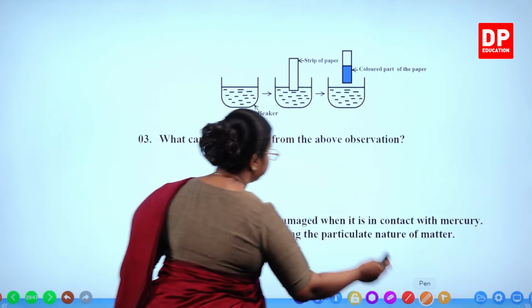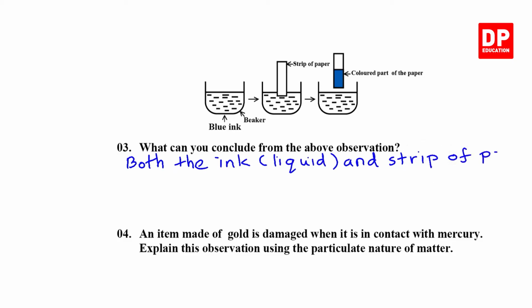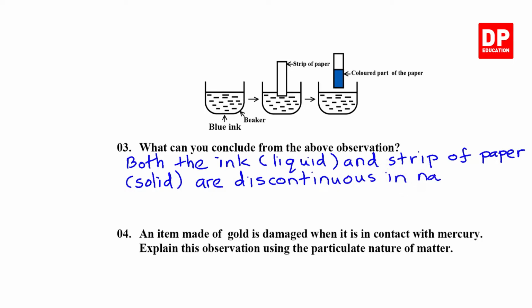So we can say both the ink, that is a liquid, and the strip of paper, that is a solid, are discontinuous in nature.